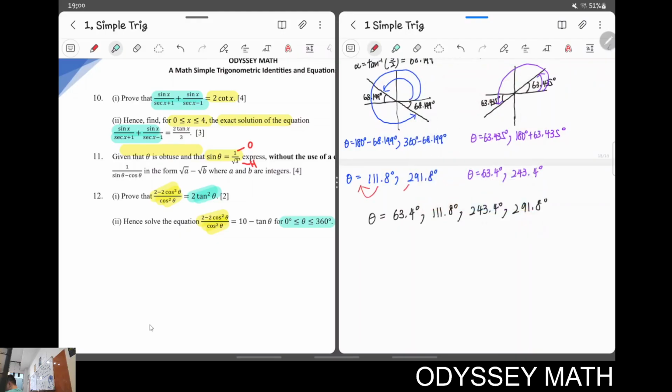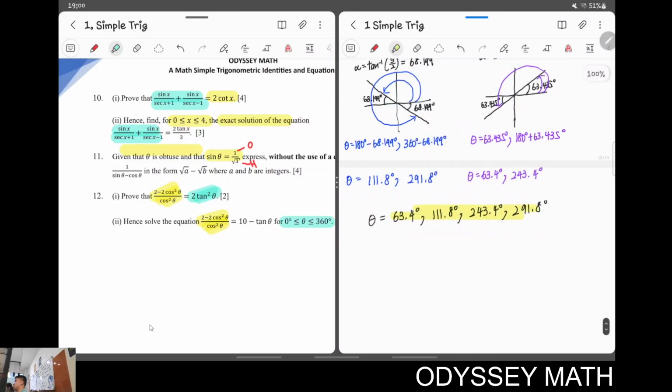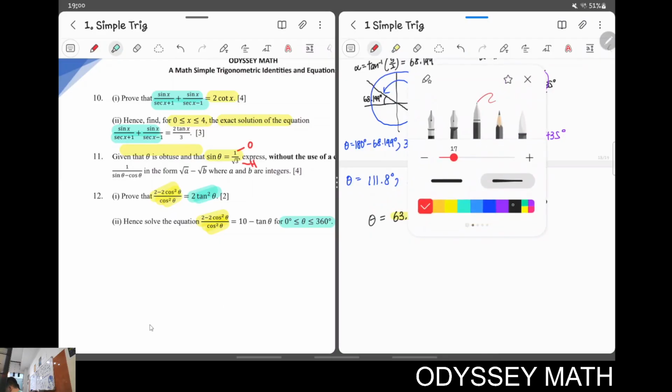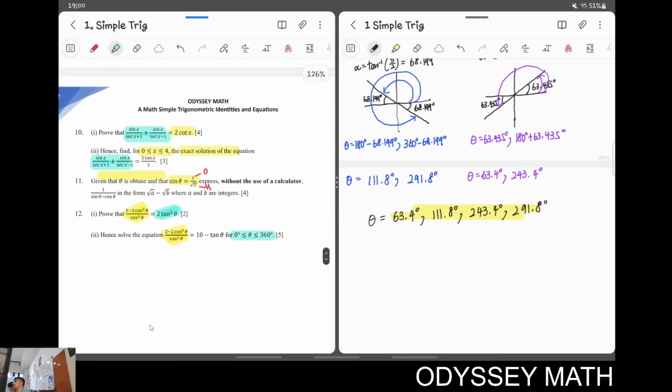But my advice is not really required at this point, because the angles here highlighted in yellow have already covered from 0 to 360 degrees. If you don't believe me, you can go and do it yourself. Got it? So that would be the topic on simple trigonometric identities and equations.